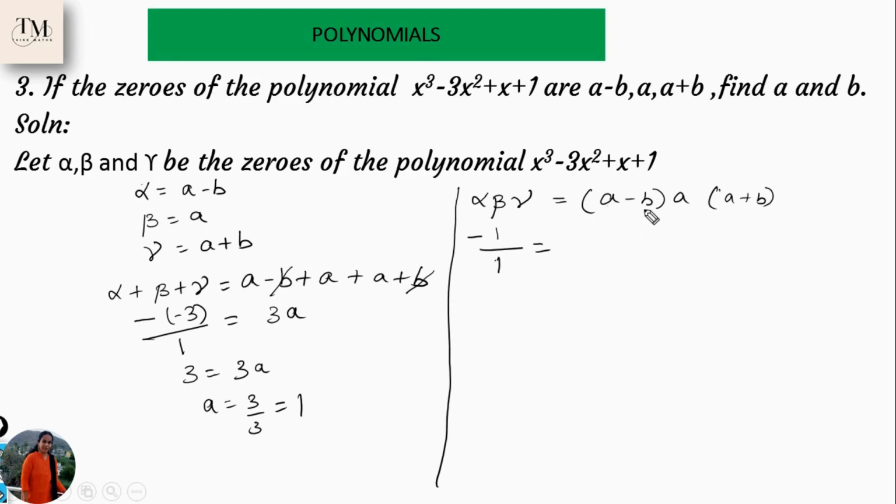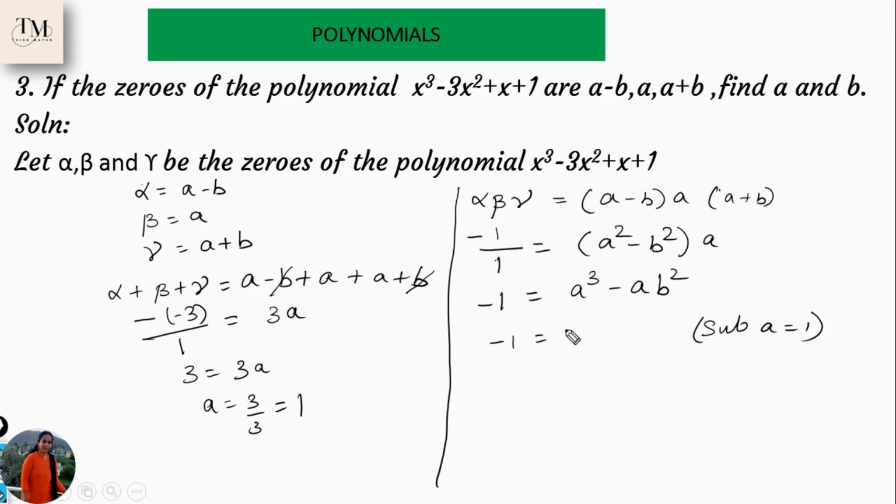If you multiply a minus b into a plus b, it is a square minus b square, into a. So this is minus 1. So a cube minus a b square. We know the value of a, so substituting a equal to 1 here, we get 1 minus b square.